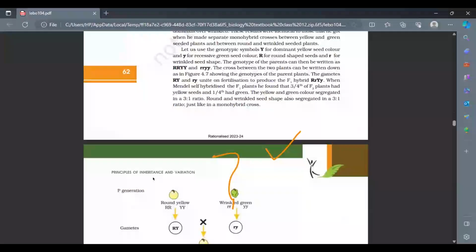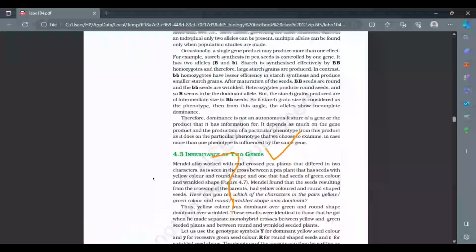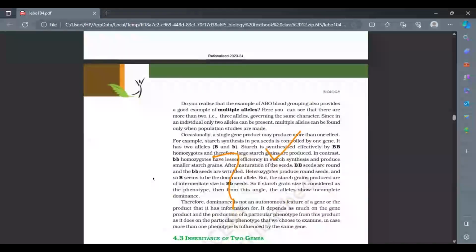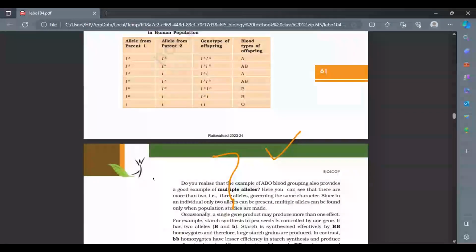In the next class, it's time is almost up, so in the next class we'll talk about the interesting topic of multiple alleles. Let me just discuss this with you. See, if more than two genes are responsible for one character, right? At times I say capital T and small t for the height of a plant. But in the case of human blood groups, multiple alleles are responsible.